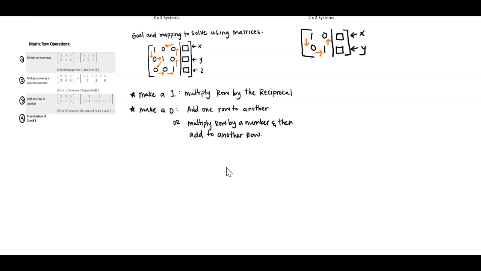So let's try and solve this system using matrices. And I'll explain what I'm doing as I go along here. Make sure that if I say something that makes more sense now, you write that down in your notes.